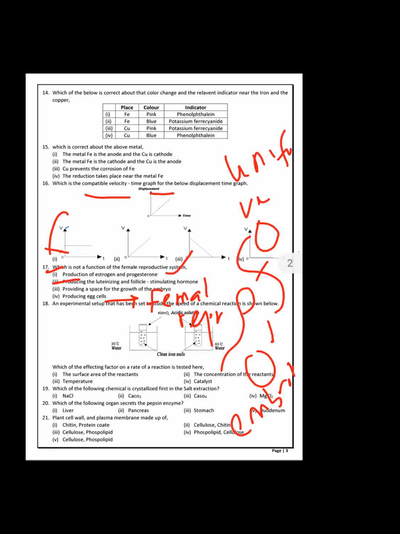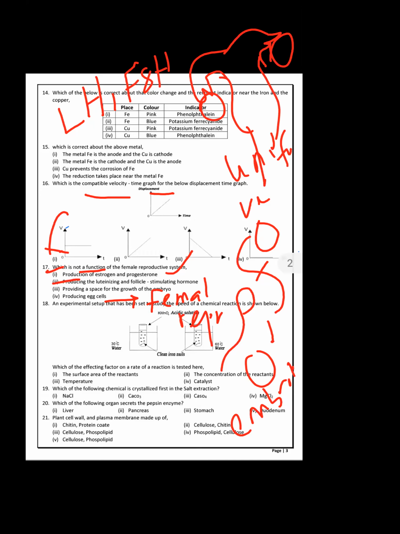They ask about the not-function. Producing luteinizing and follicle stimulating hormone, is it correct or wrong? LH and FSH, or providing sperm for the growth of embryo. When we consider the male reproductive system, the egg is coming here and the sperm is coming, and the embryo is produced here.